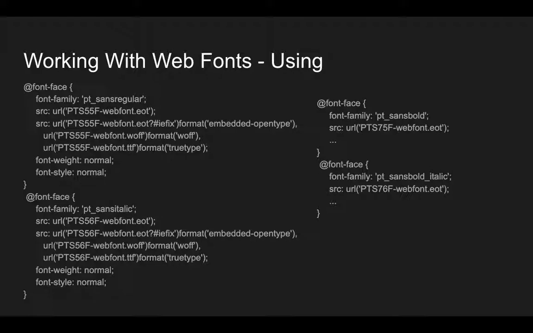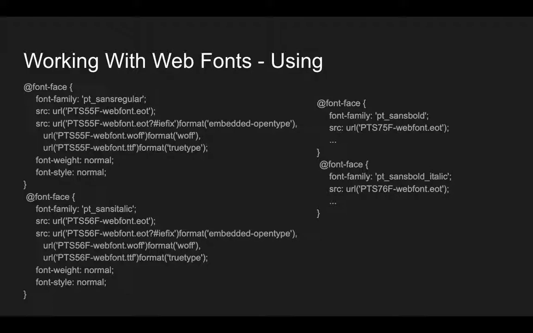Am I confusing you all with this? So in your CSS, create a folder called fonts, and inside of that, create another folder called the name of your font, and then dump all of the font files that they give you, whether a WOFF font or an EOT font, all of those, in that folder. Then in your source, you say the URL and then the path to that font.